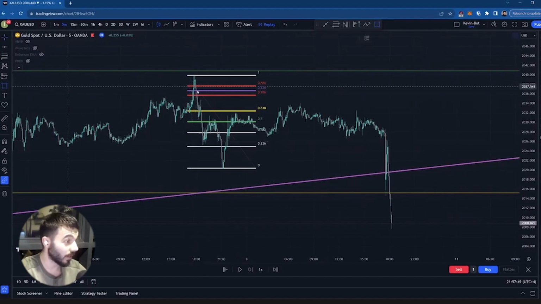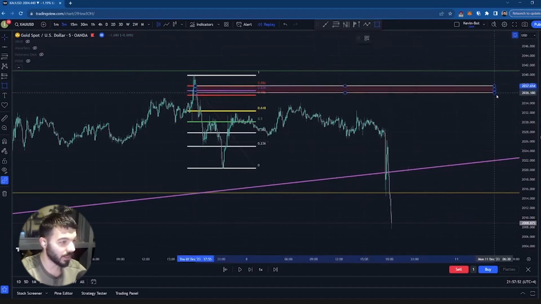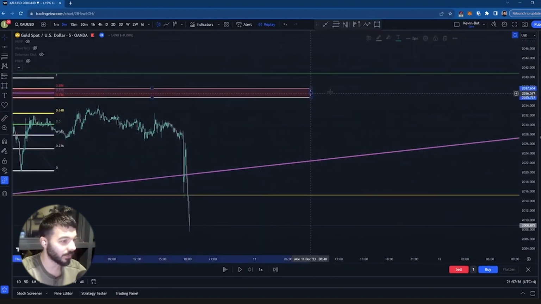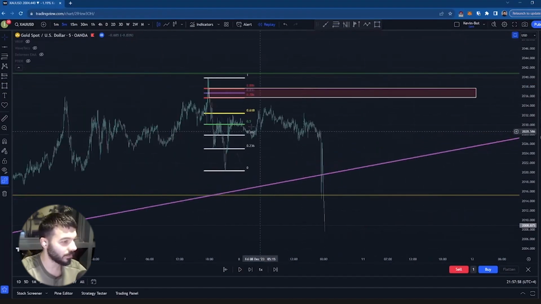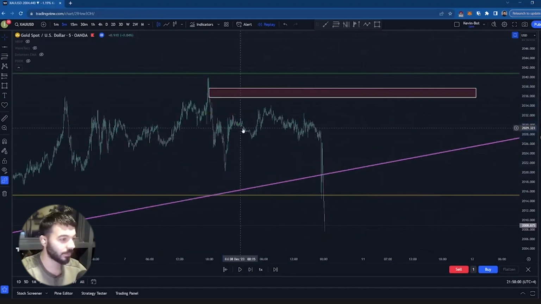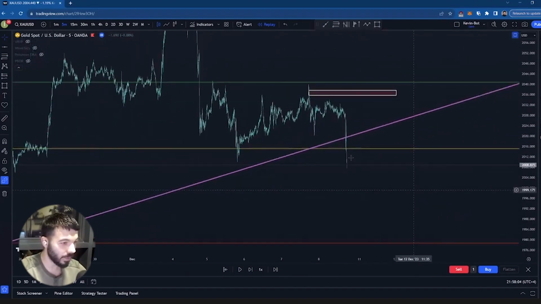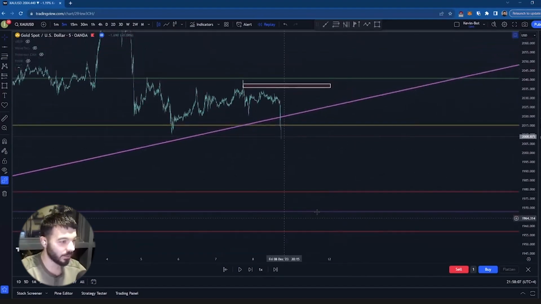So at some point, I'd be waiting for price to come back up here and clear this liquidity. It's imbalance. So what does that tell me? Remember, on the bigger time frame, price should come all the way down to here.